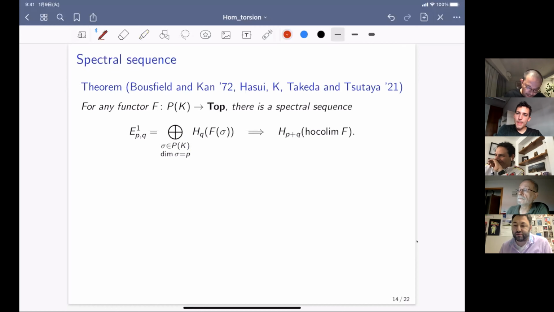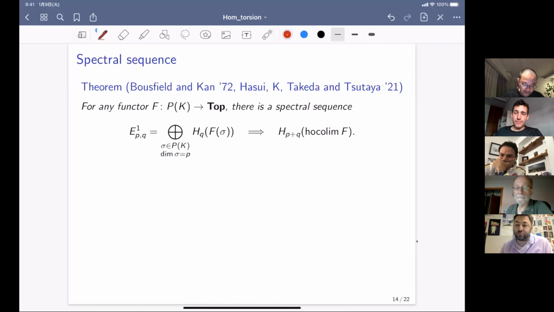Actually, there is a natural map from hocolimit onto colimit, and there is a criterion by Ziegler and Zivaljevic for this projection being a homotopy equivalence.